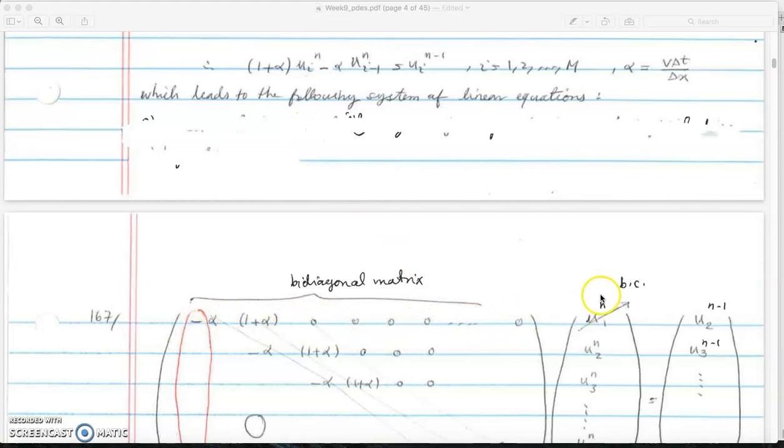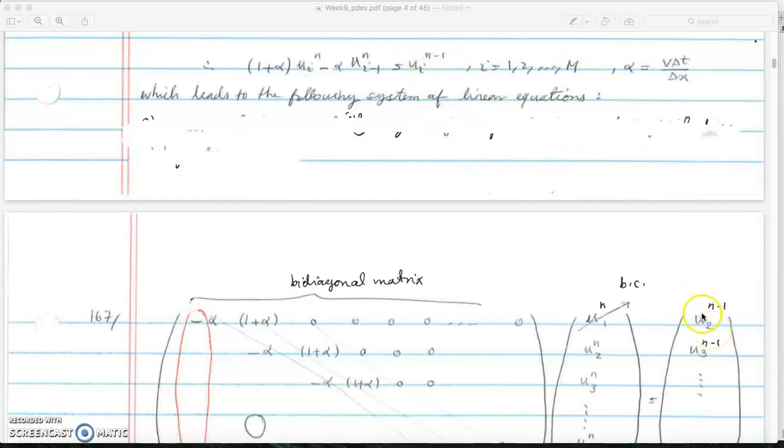If you multiply this row by that vector, you get minus alpha times u1 at time n plus 1 plus alpha times u2 at time n, and that's it. We don't have anything at time n on the right side; it will be u2 at time n minus 1.